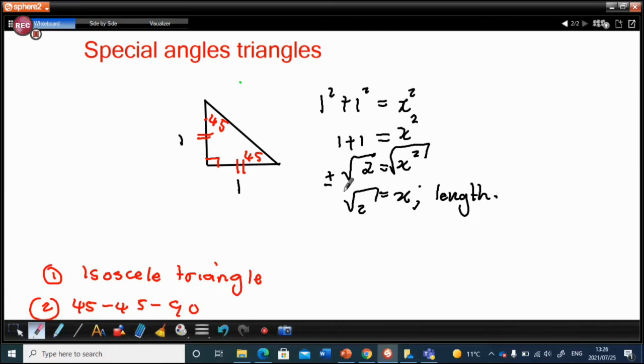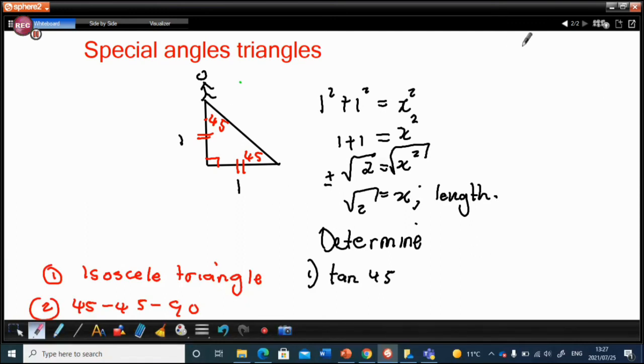Now this is quite easy. If they ask you to determine, for example, number 1, tan 45, that means you are standing at the 45 angle.